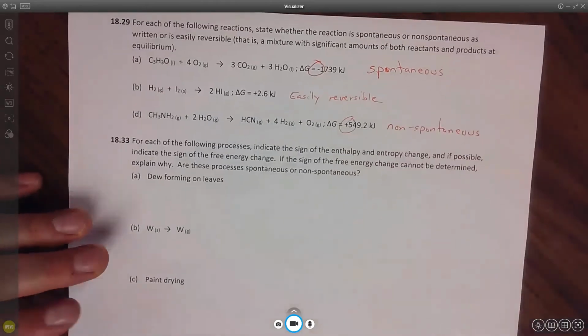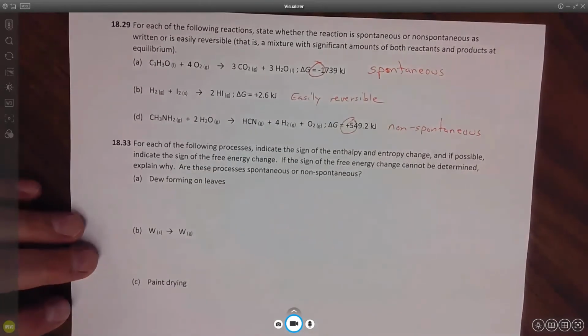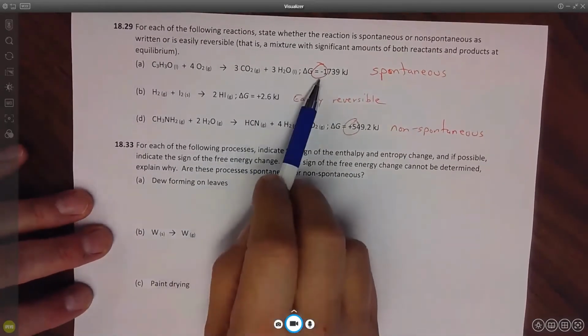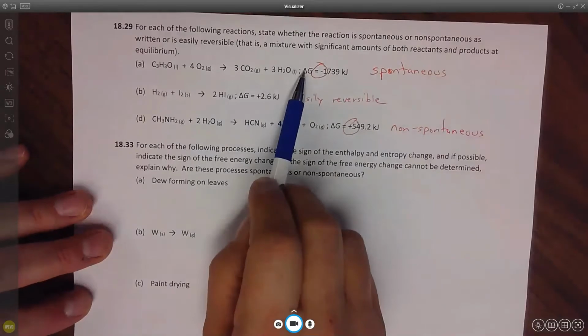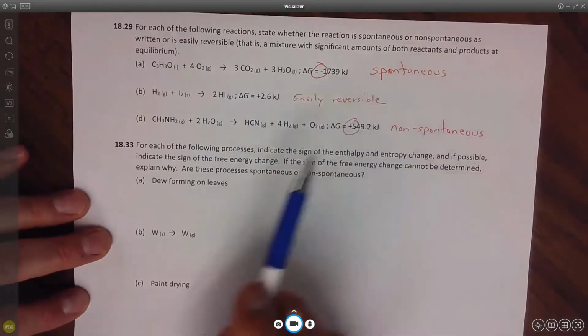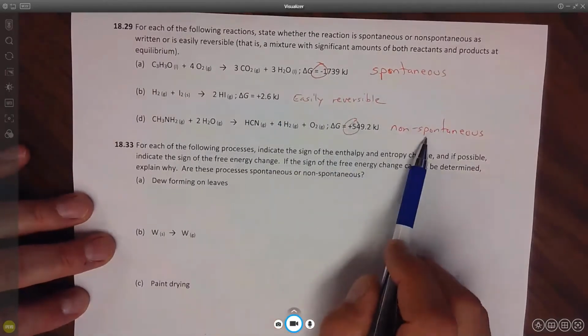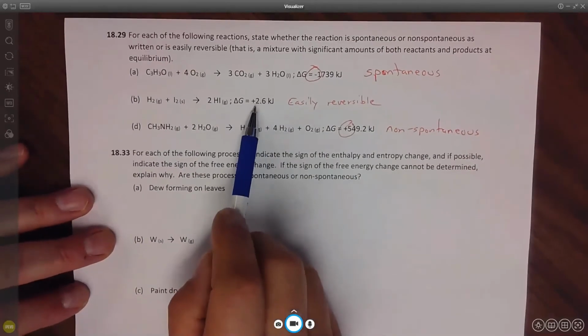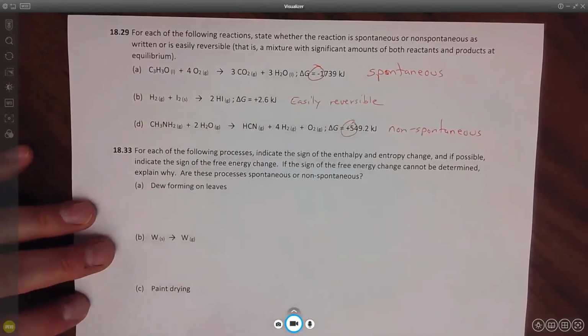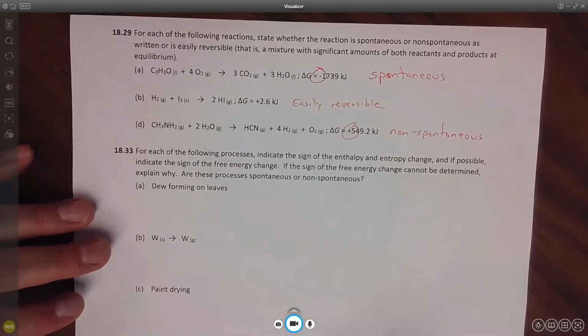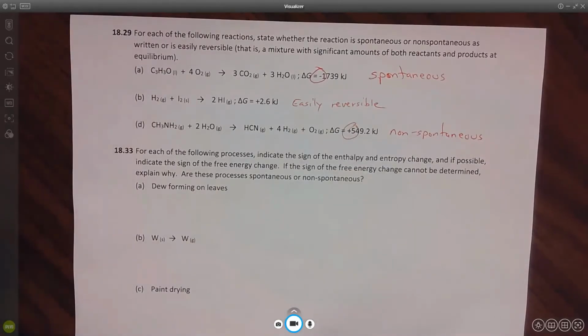Okay, any questions about that? Again, basically, if the free energy is a large negative number, it's going to be spontaneous. If it's positive, it's going to be non-spontaneous. If it's close to zero, it's going to be easily reversible. And we will use the term equilibrium, especially when we're calculating del G from Q, from the reaction quotient.